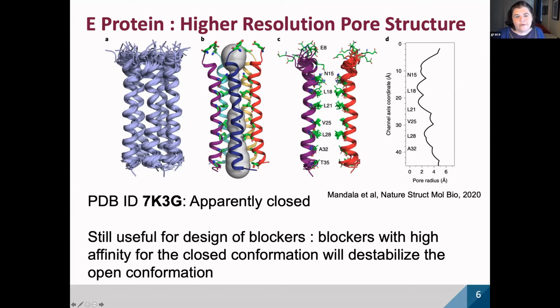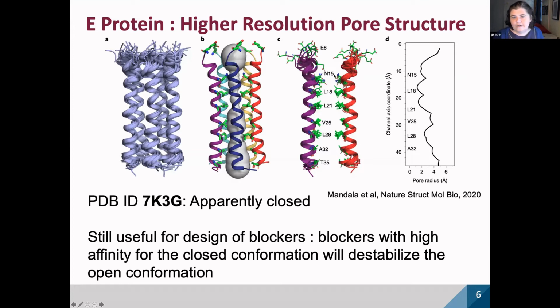Then next to this one, we have the structure with a space filling model of the pore. And this silver outline shows basically how big the empty space in the pore is, how wide the pore is. And there's this region right here where the pore is really, really narrow, which means that any ion trying to pass through the pore has to go through this very tight constriction.